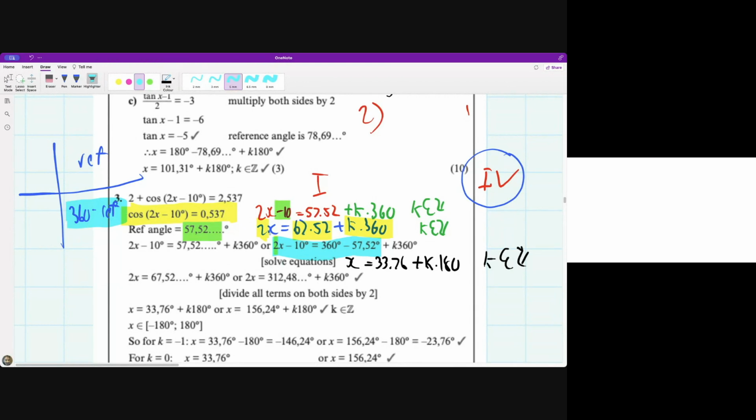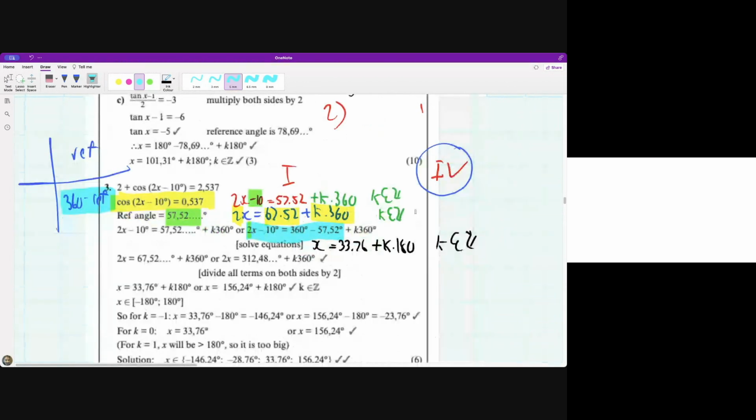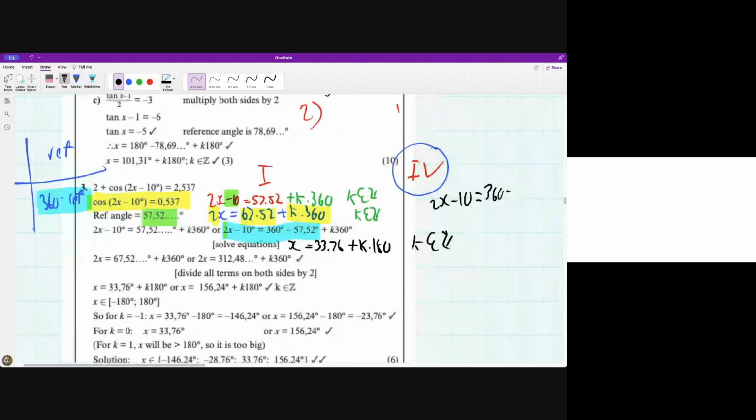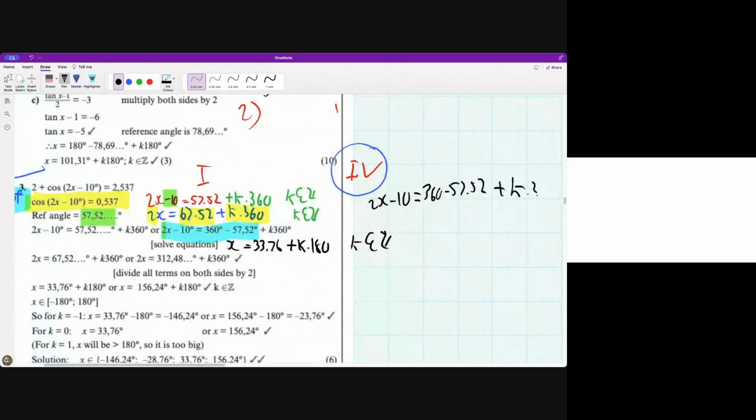So all that's happening, maybe I can zoom out for a second, is I'm going to now do my second solution, and it is going to be 2x minus 10 does not equal the reference angle. It's 360 minus the reference angle, which was 57.52. And then I'm also going to have my k times 360.